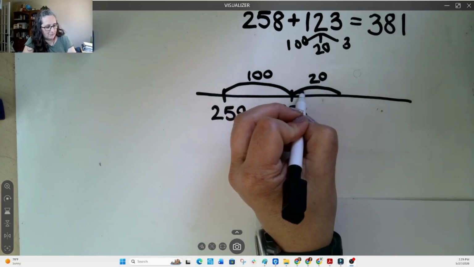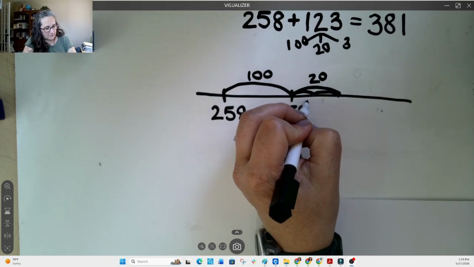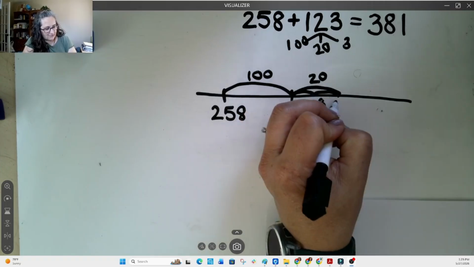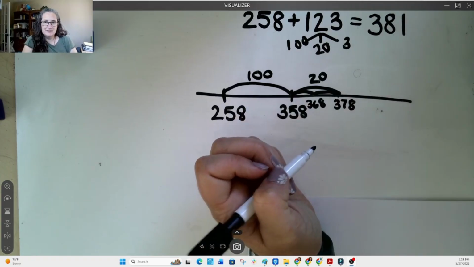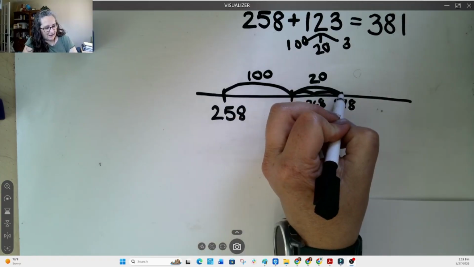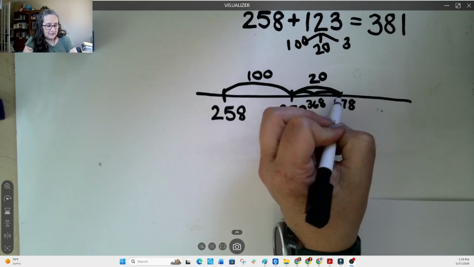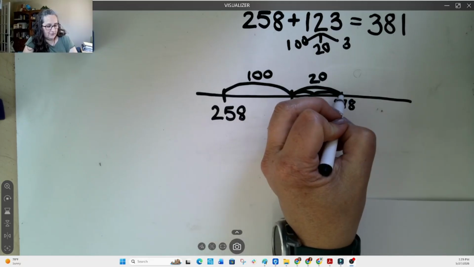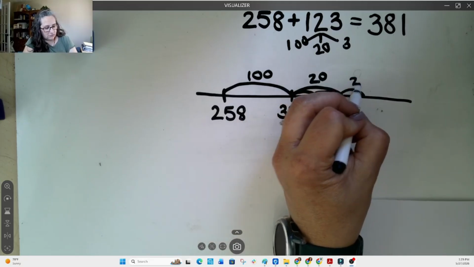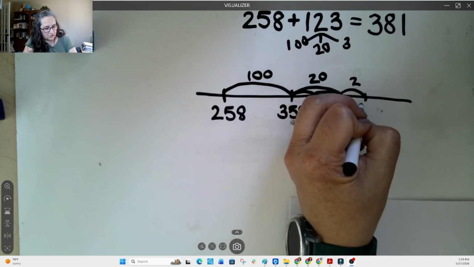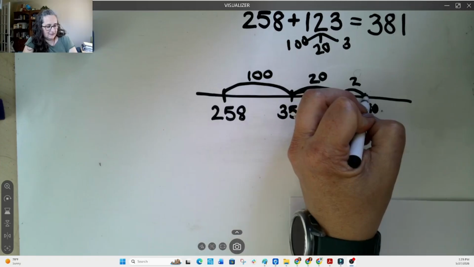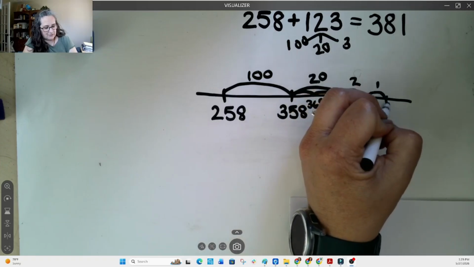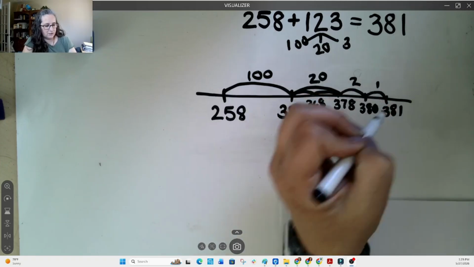I could add them 1 ten at a time and say 368, 378, or I can add them all at once. Then I add my 3, so I can either count on by 3, or I can add 2 to get me to 380. There's that make a 10 strategy, and then add 1 more to get to 381.